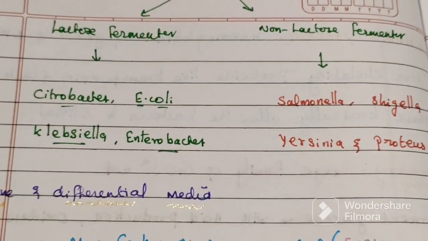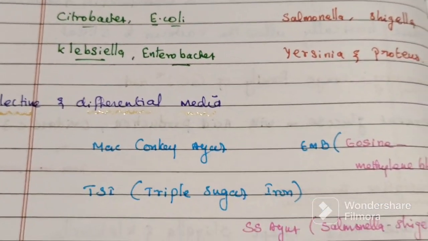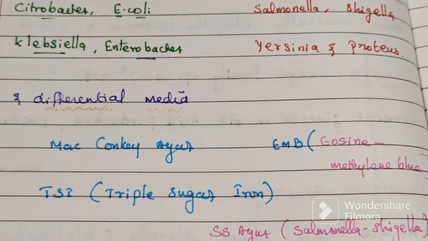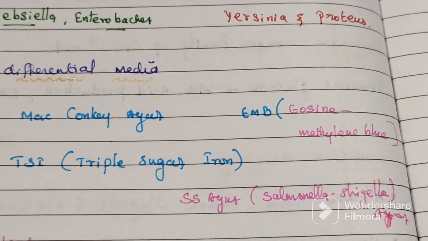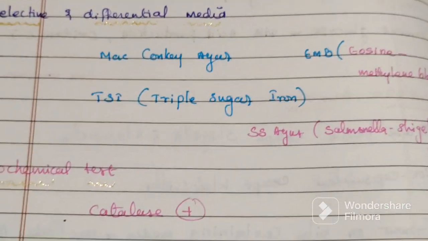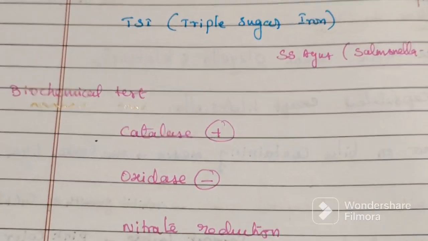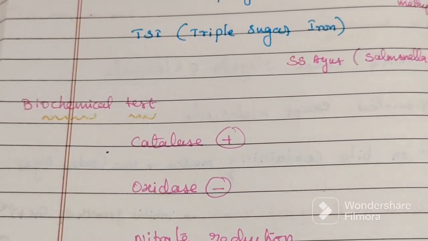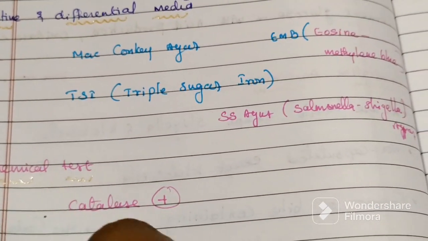The selective and differential media used are MacConkey agar, TSI agar (triple sugar iron agar), EMB (eosin methylene blue), and SS (Salmonella-Shigella) agar. Biochemical tests: catalase positive, oxidase negative, and nitrate reduction occurs. These are the important things about Enterobacteriaceae.